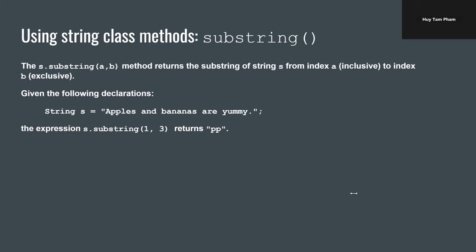The expression s.substring(1, 3) returns PP because it starts at index a inclusive, so that means it includes the letter at index a, which is index 1, which is P. Then all the way to 3, you can start counting. 1 is P, 2 is also P, 3 is L, but since index b is exclusive, it doesn't include the letter at index 3, which means it's only gonna return PP.